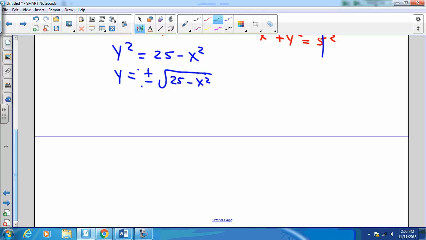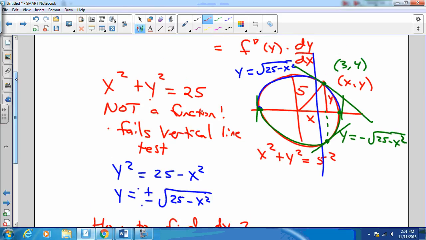So our question then is, given this relation, how do we find dy/dx? It turns out the answer is delightfully simple. We're going to find dy/dx by taking our original relation right here and finding its rate of change with respect to x.